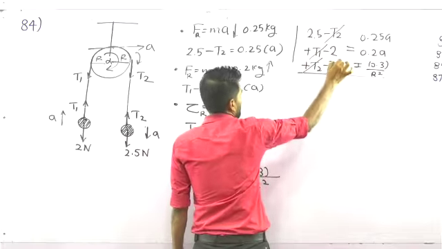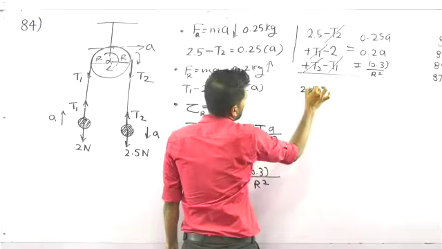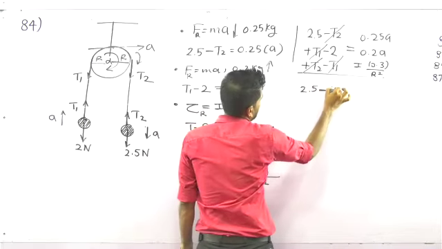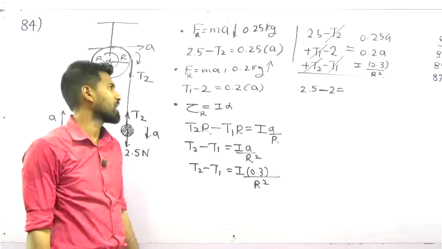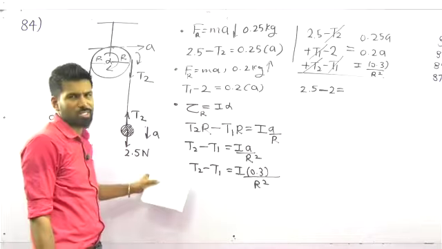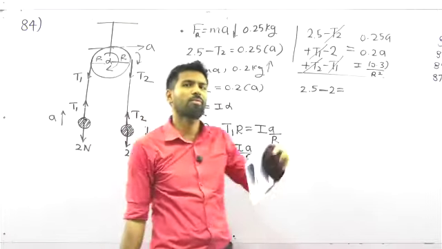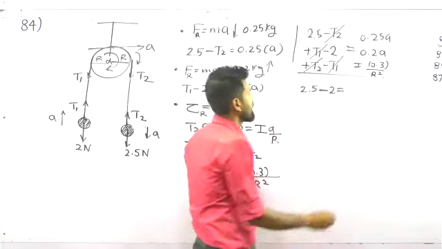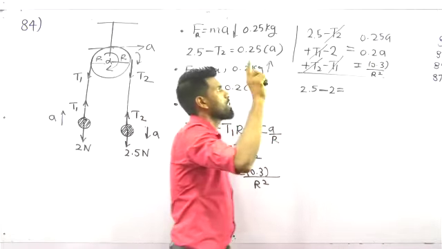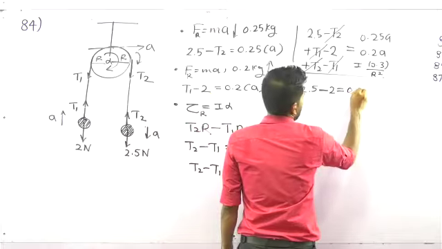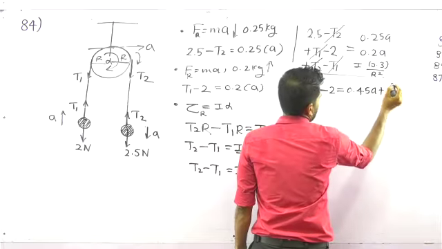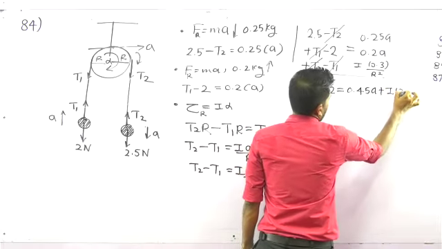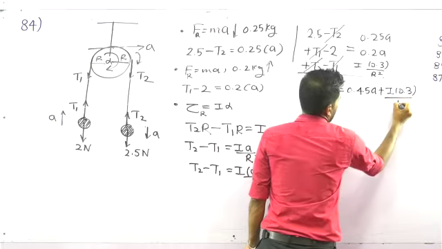Plus T1 will cancel off with the minus T1, leaving 2.5 minus 2 as the left side. When I add all the three equations, 2 from linear motion, 1 from rotational motion. In the right side, 0.25, 0.2, 0.45a, and again I times 0.3 over R square.